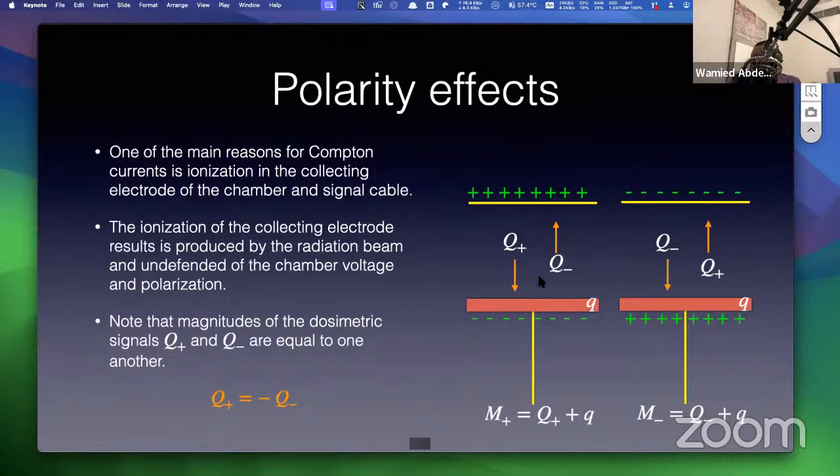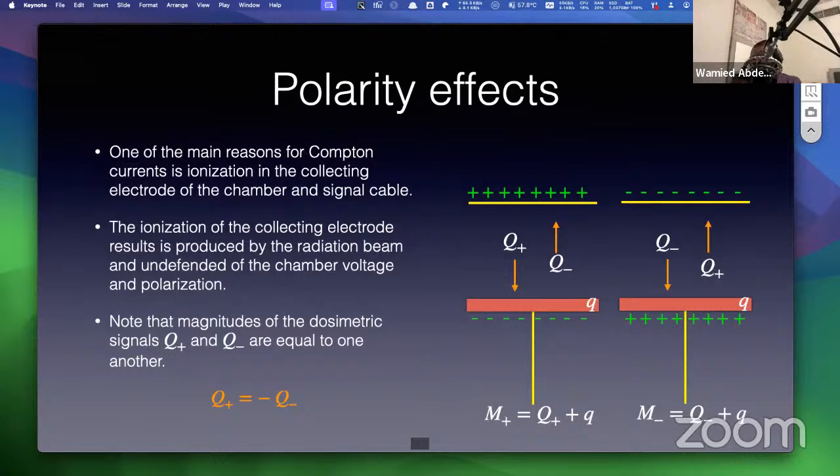We have charges produced in the gas cavity, but we can have ionization in the electrode too. Imagine a photon coming and interacting directly with the electrode, leaving a positive charge, because electrons will be ejected.